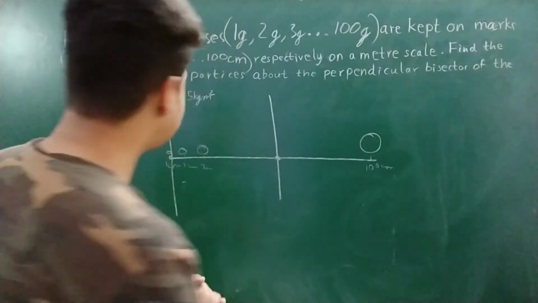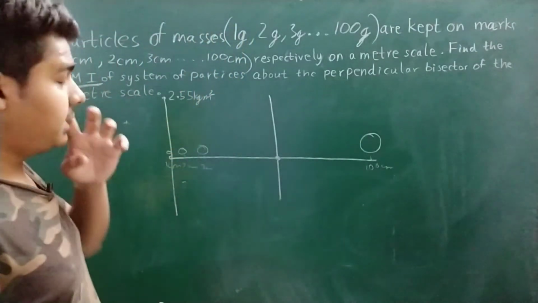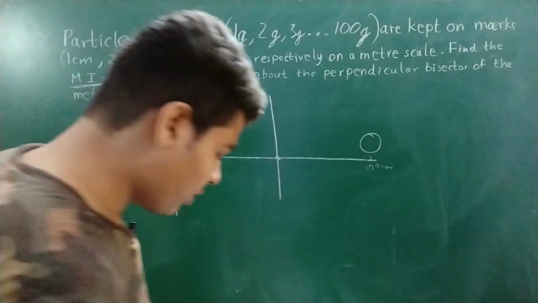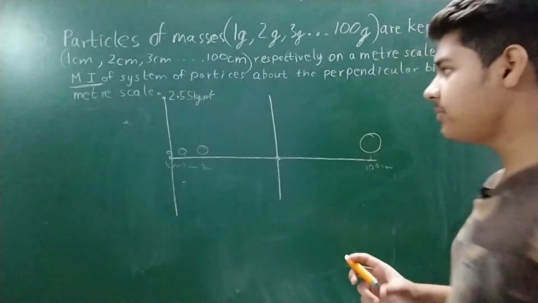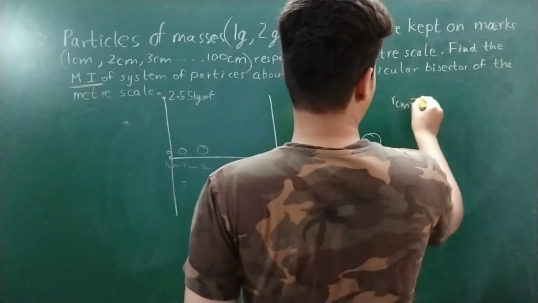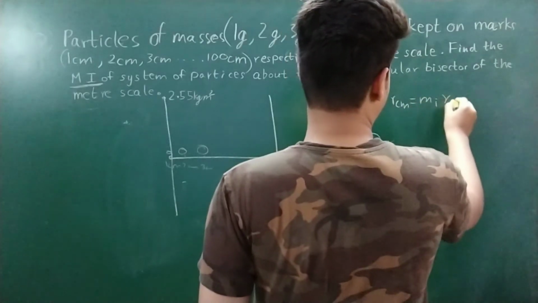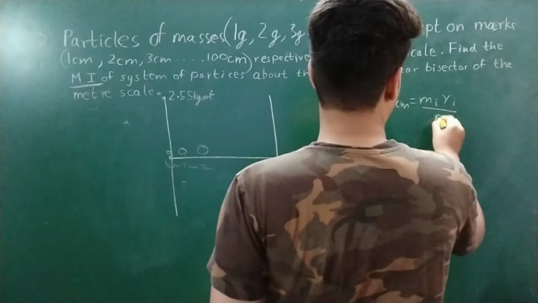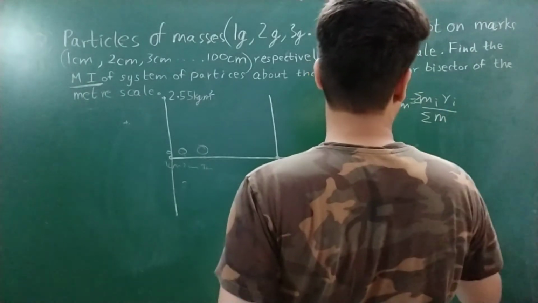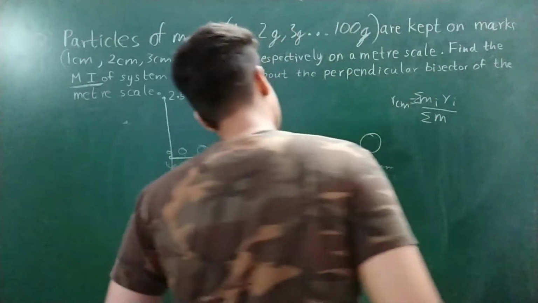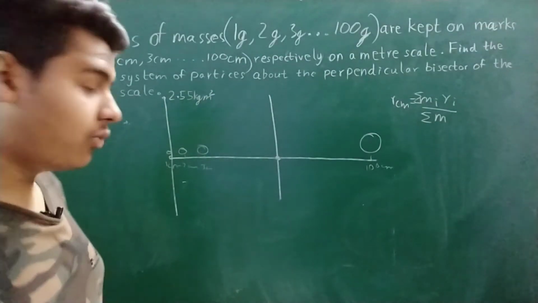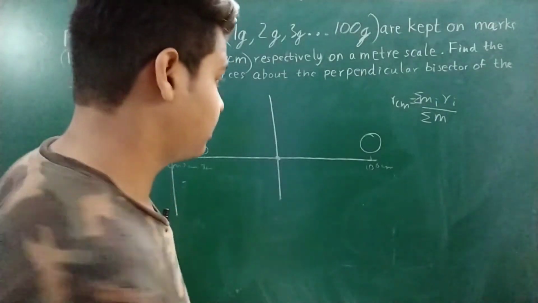Now, after calculating the moment of inertia at the tip, what we do, we find the radius of center of mass, RCM. Now, what is the formula for RCM? It is RCM equals summation of mi ri upon summation of mi. So, similarly, as I had already mentioned, for n centimeter it is n grams.